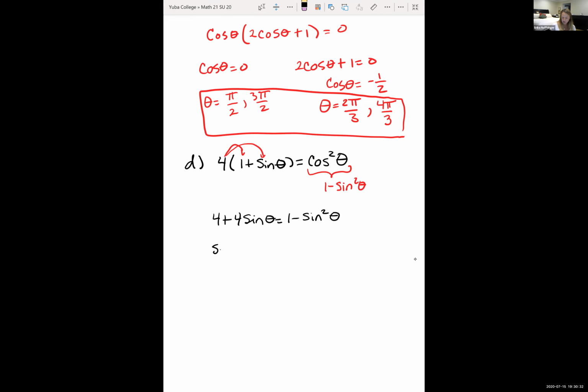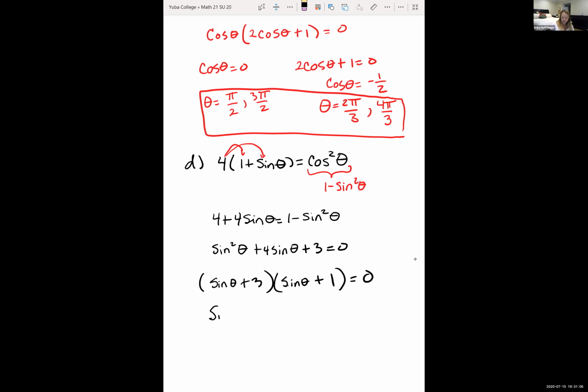So there's sine squared theta plus 4 sine theta. And I'm also going to subtract 1 on both sides. So I have 4 minus 1, so plus 3. This equals 0. There are 2 numbers that multiply to give you positive 3 and add to give you 4. So this factors as sine theta plus 3 and sine theta plus 1.